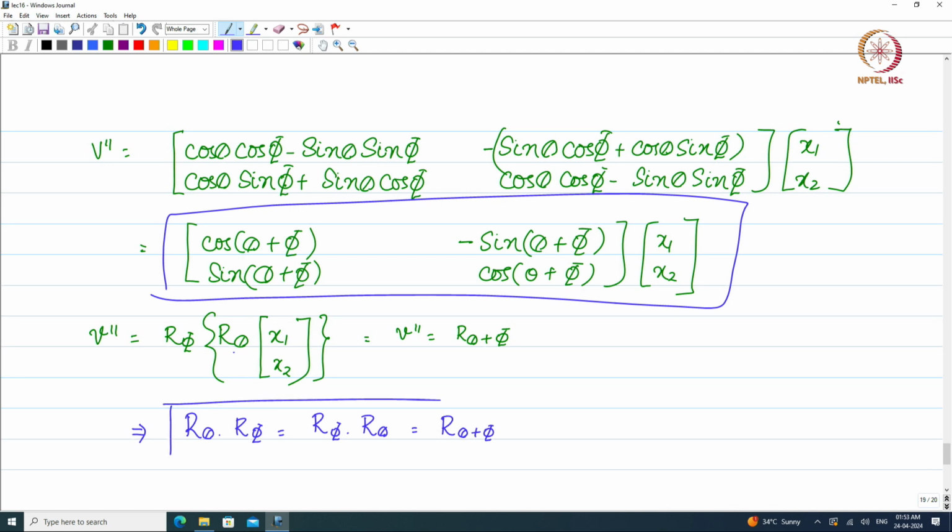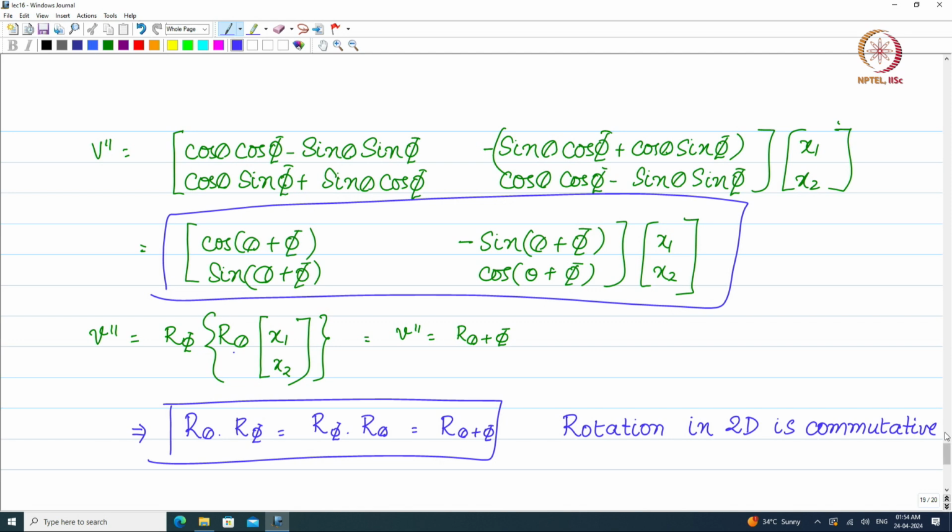That means we see that the rotation matrix is of the form AB is equal to BA. So, we say that rotation in 2D is a commutative operation. Right, that is what we have.